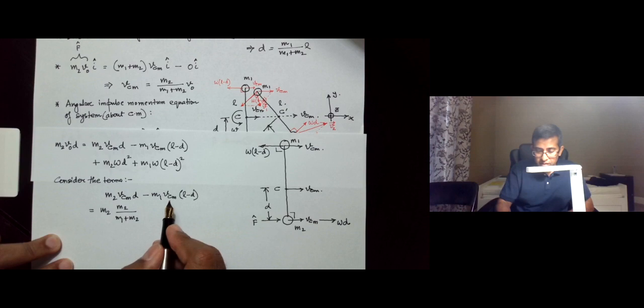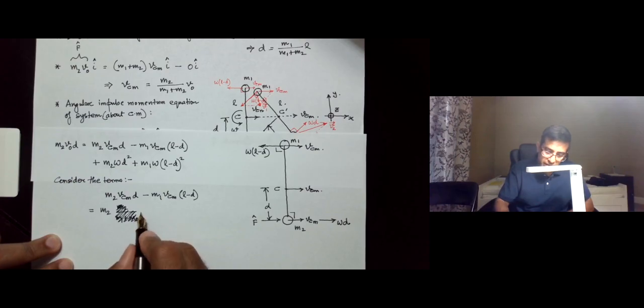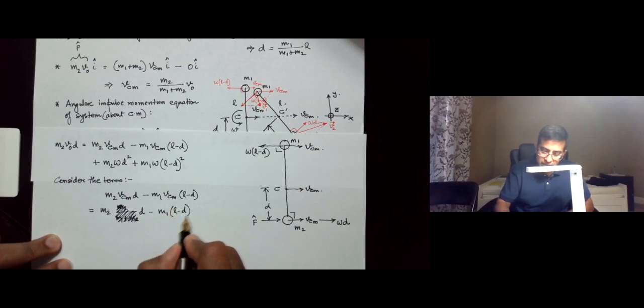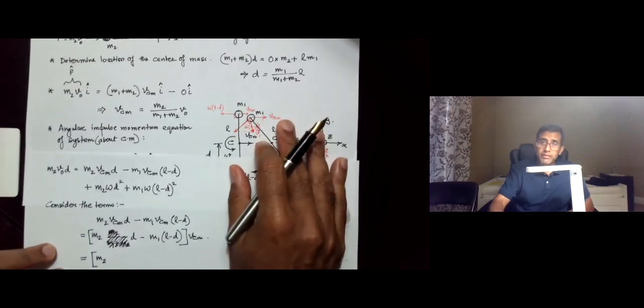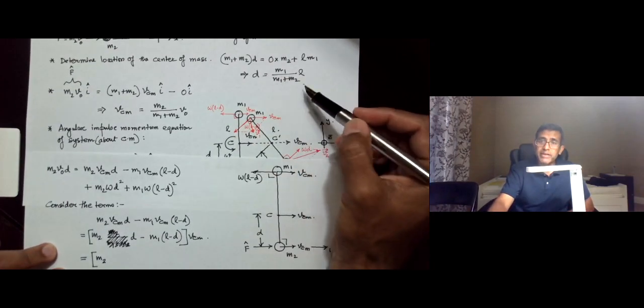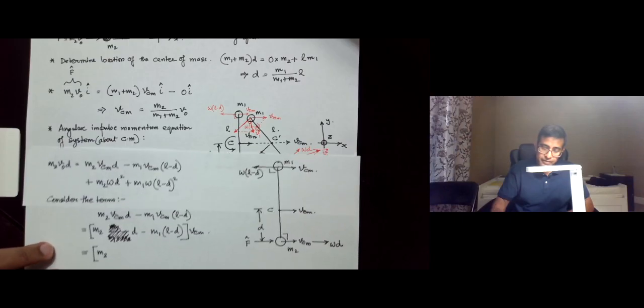Well, there is a VCM that is there in all the terms, so I don't need to substitute this here. I have (M2 d minus M1 (L minus d)) times VCM, okay, and so d, we have obtained from our prior calculations, d is M1 divided by (M1 plus M2) times L. So let's make that substitution.